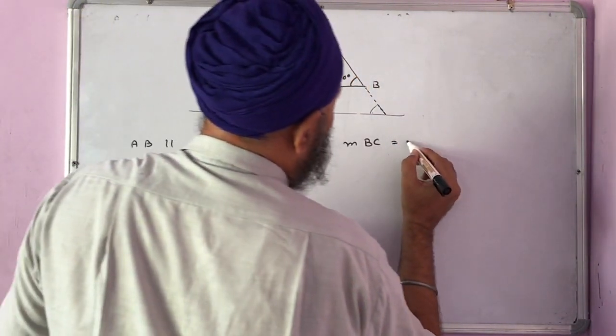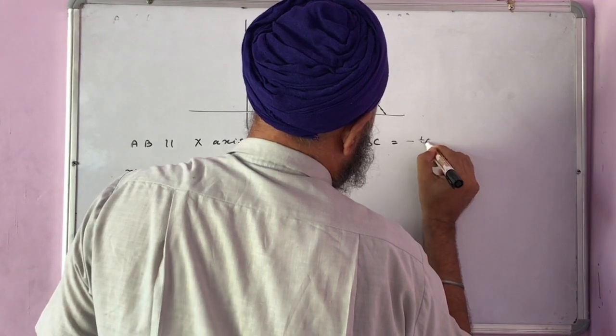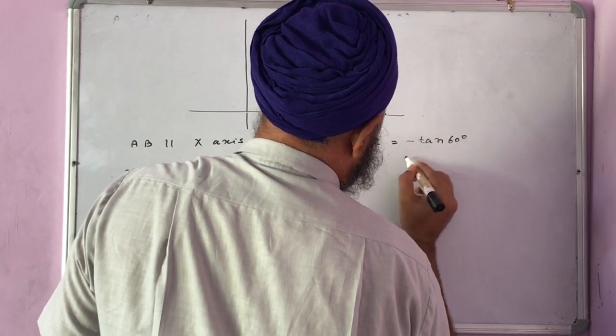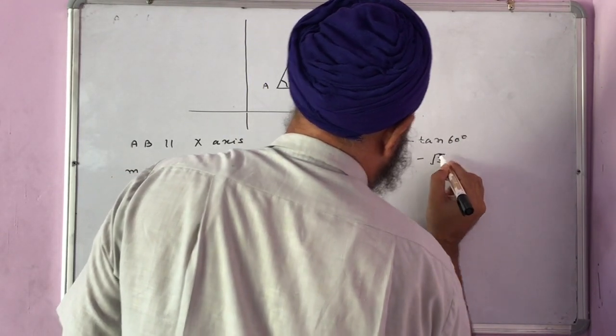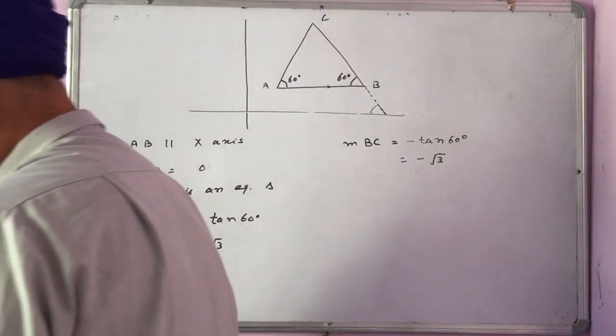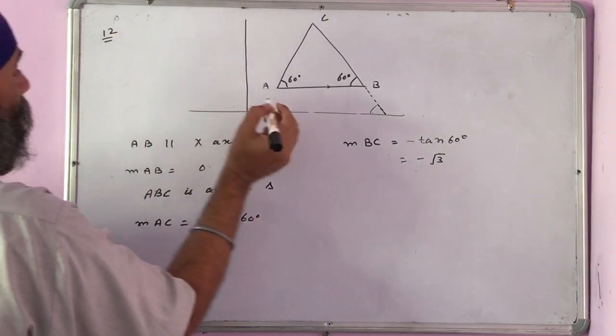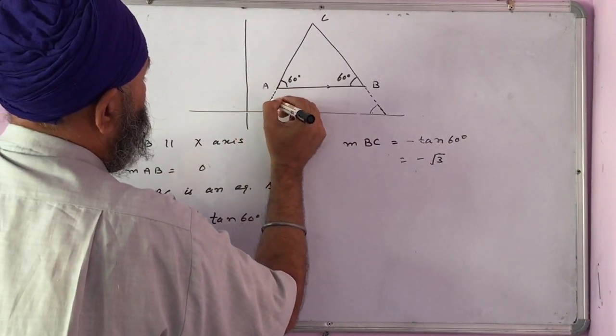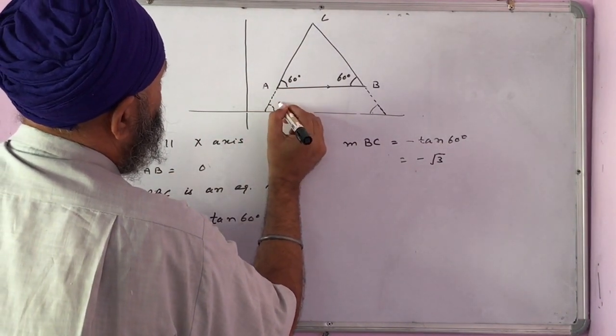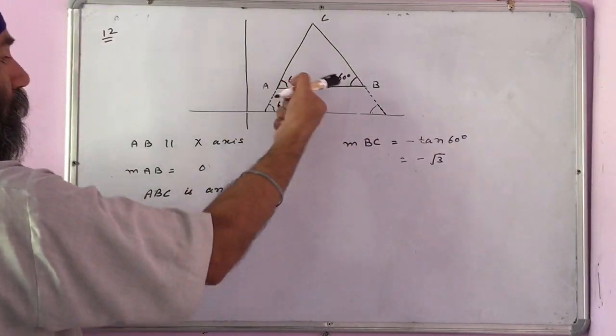So I put a minus sign here. Tan 60 degree will be minus of root 3. So this is question number 12. This is also making an angle of 60 degree. You can take it like that, you can take it here also.